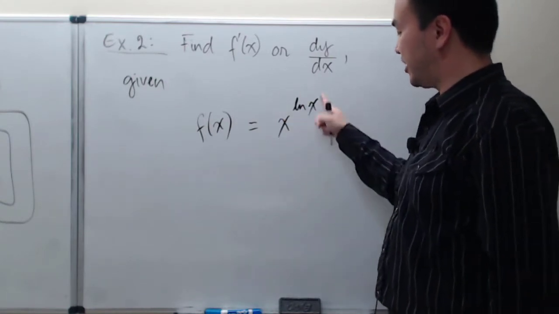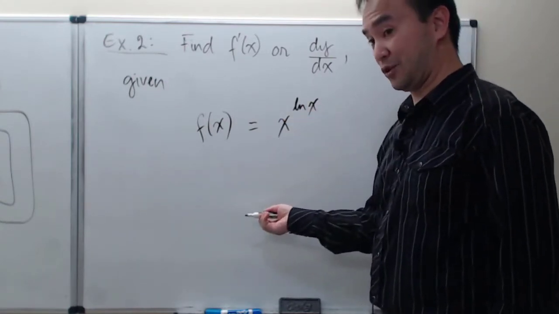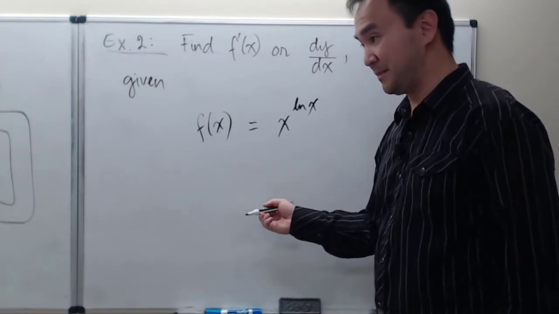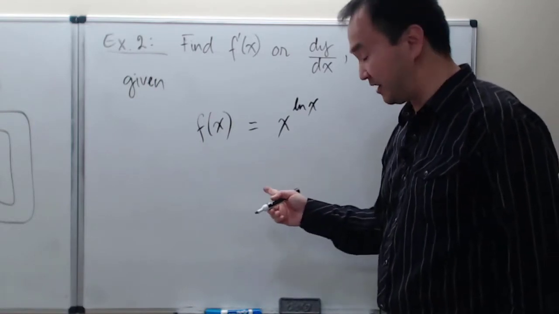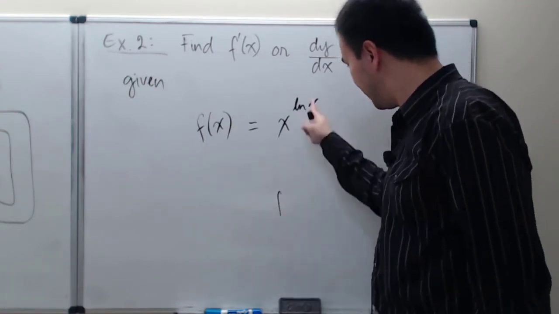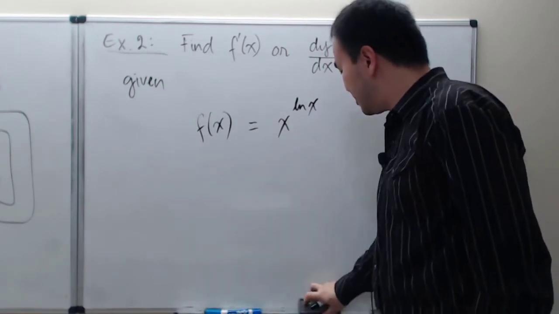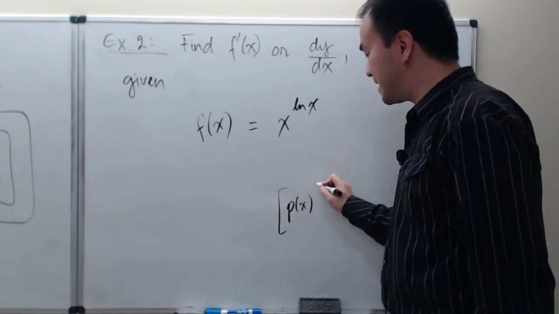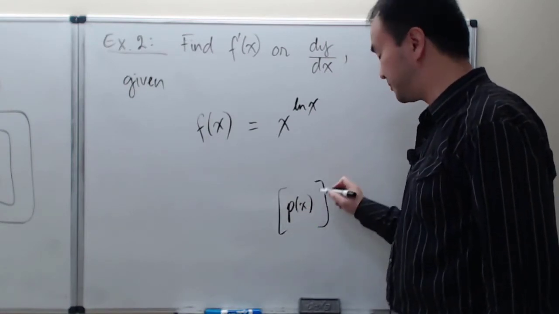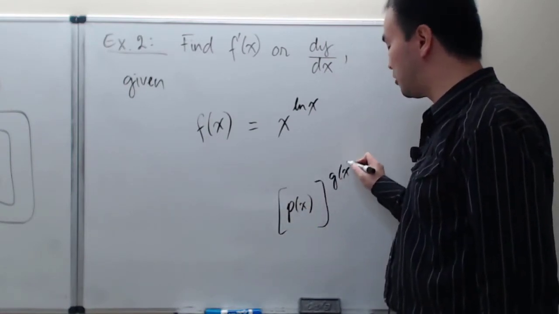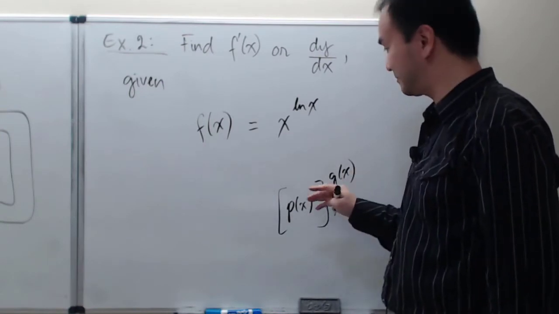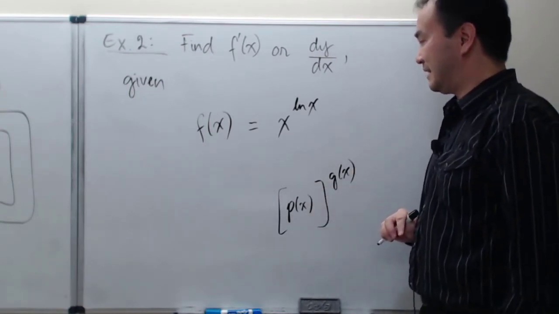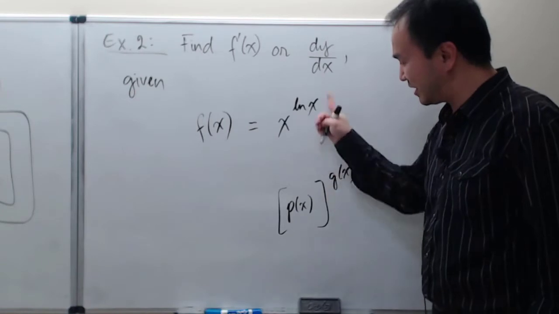The idea now, generally speaking, and there are quite a few instances out there depending on your applications, is that there will be a kind of function where you have some function p of x, and sadly, the function p of x itself is being raised to another variable power. At this moment I forgot what this kind of function is called.